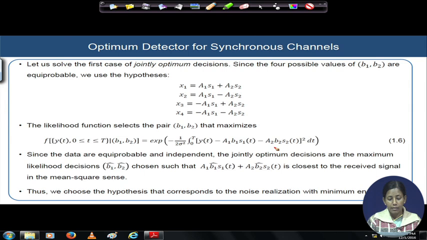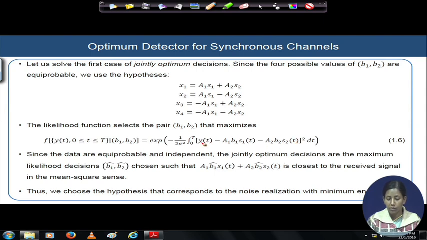So, basically in this maximization process, on the right hand side, it is the exponential of the noise section. y(t) was your received signal, and this is a two-user synchronous channel. So, it is basically the signal that you received, A1 B1 S1(t) and A2 B2 S2(t), the addition of these two.